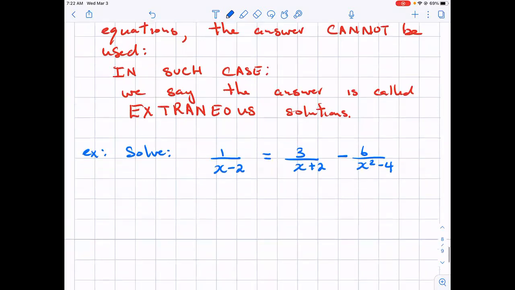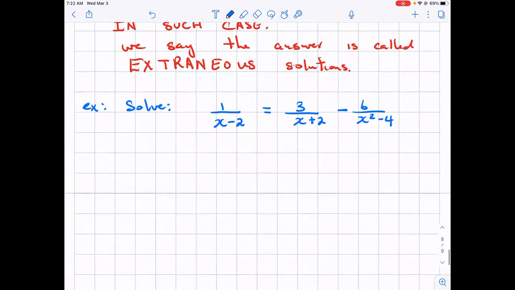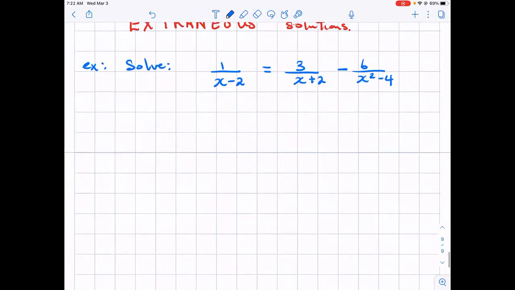So to solve, this is called a rational equation because it has fractions, ratios of two things. So the first thing we want to do is to factor each denominator if possible, okay?